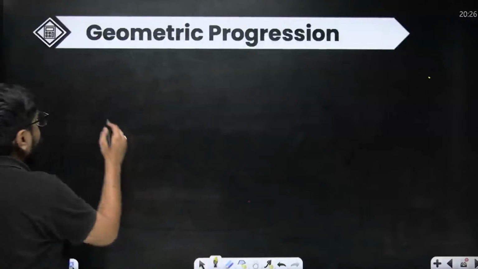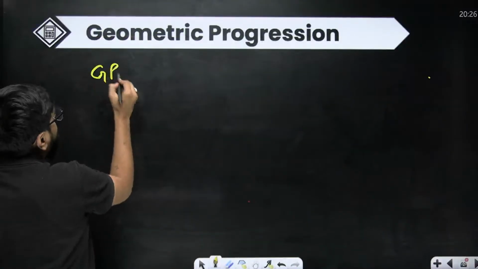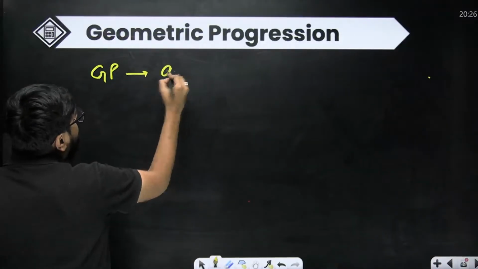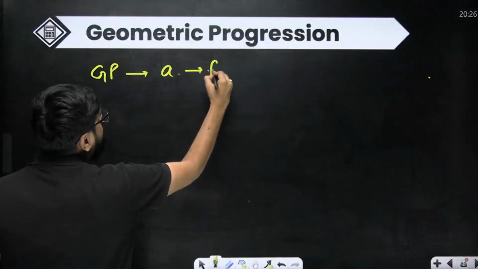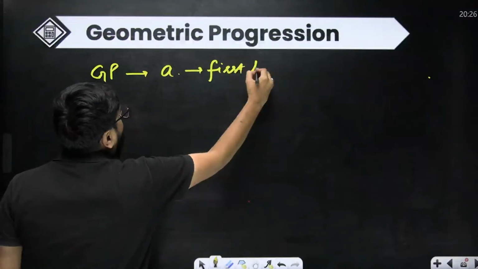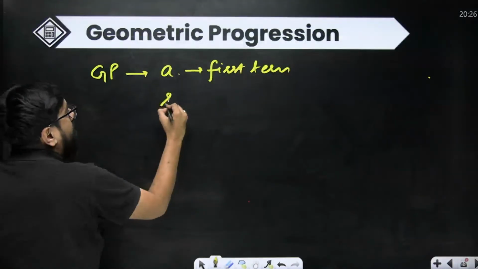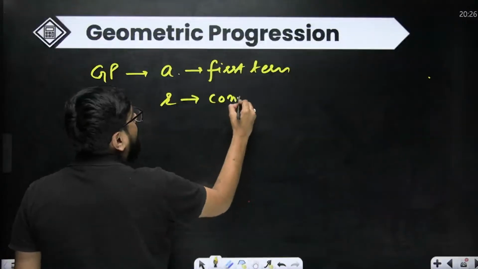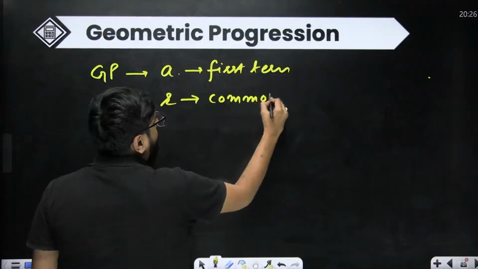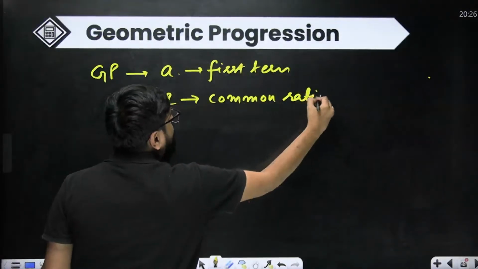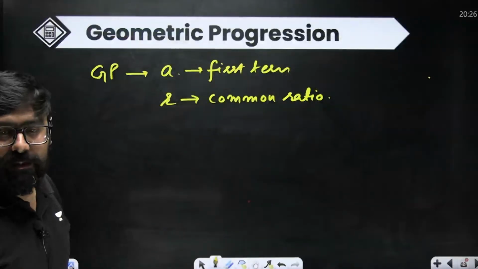First of all, how will we write a GP? First term, let's say, is A. This is your first term, and let's say your common ratio is R. Something which is getting multiplied in every subsequent term.